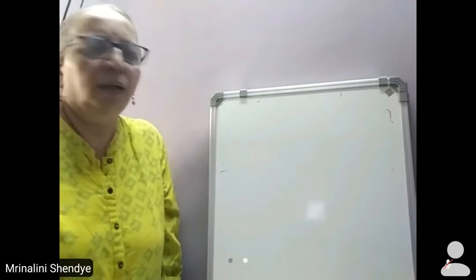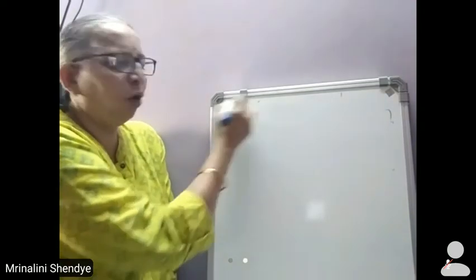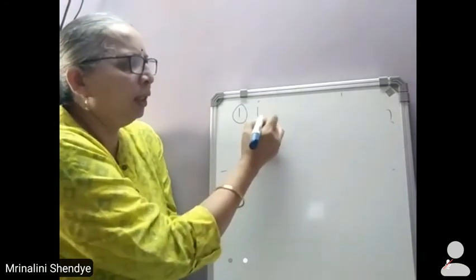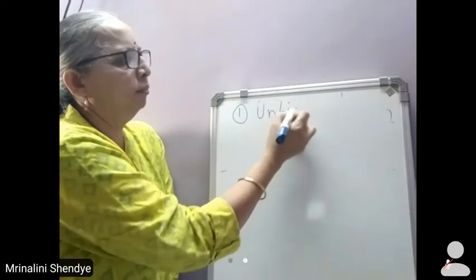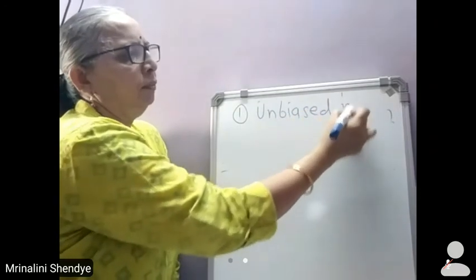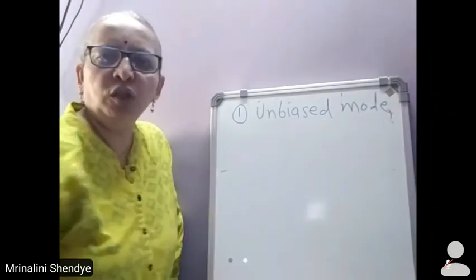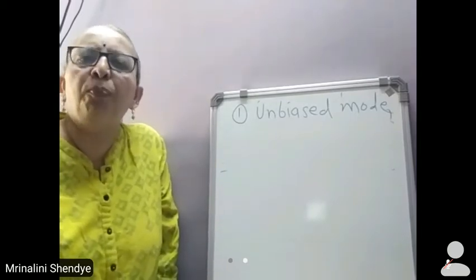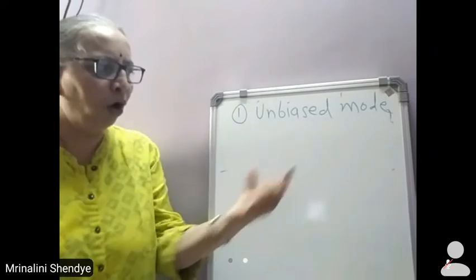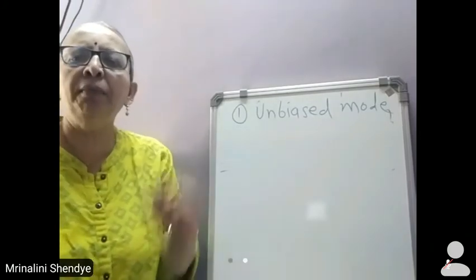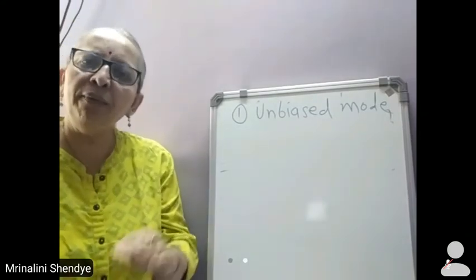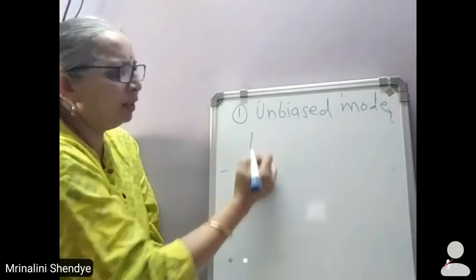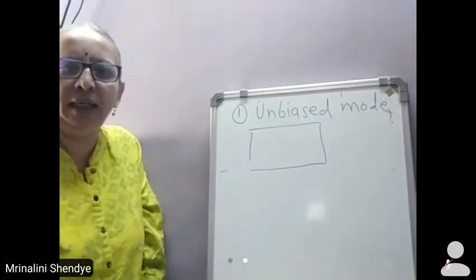So we'll proceed further. At normal condition, the PN junction is always in unbiased mode. Formation of the depletion region, formation of the electric field which gives you barrier potential across the junction is its unbiased mode. Even when it is unbiased, it doesn't carry any current.